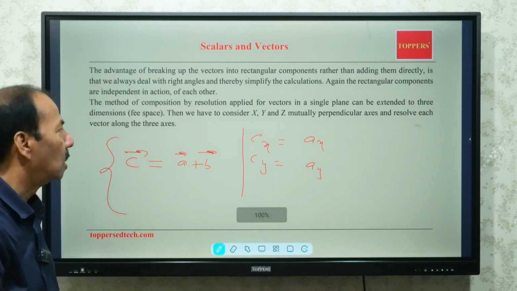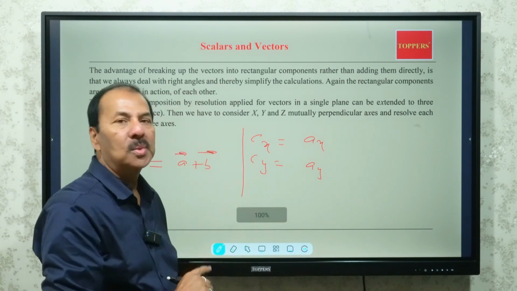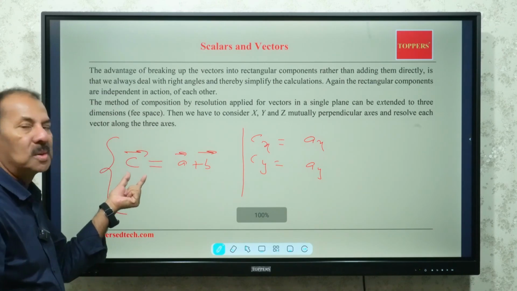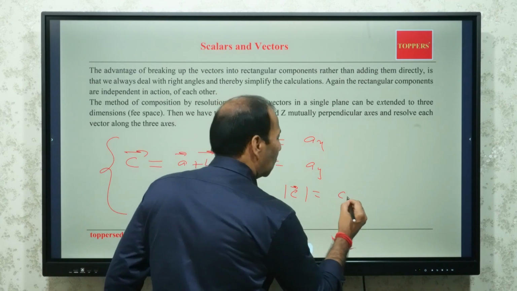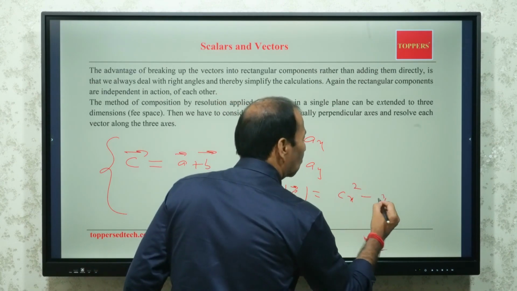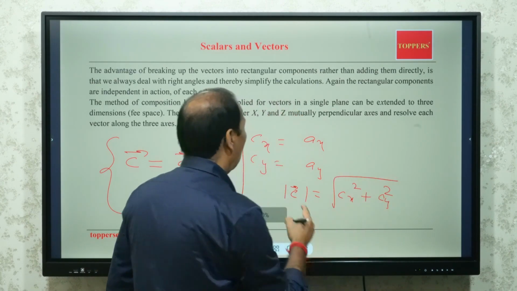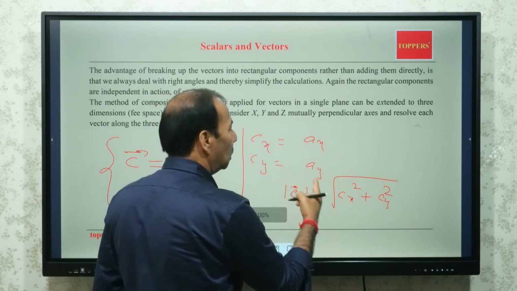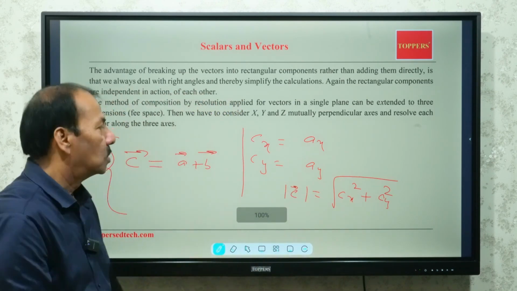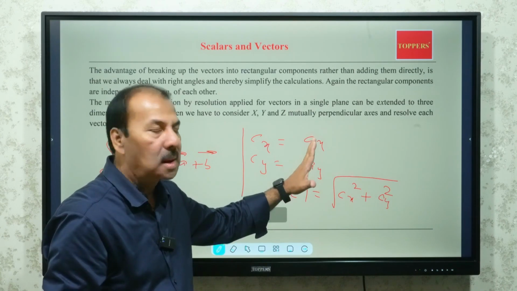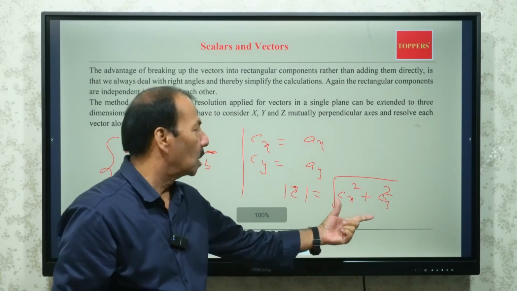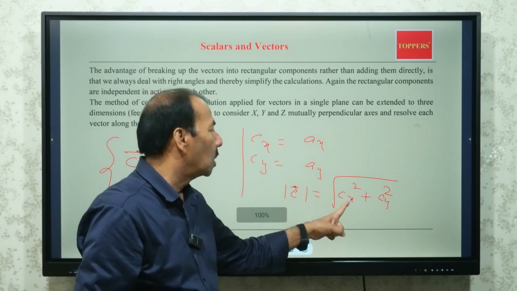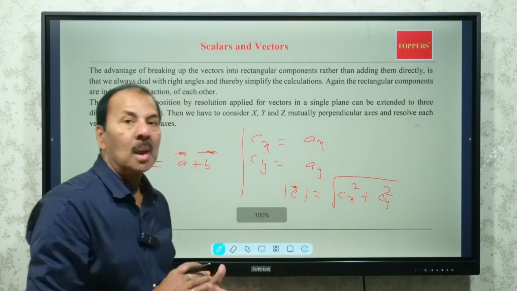So square root of Cx squared plus Cy squared gives us the magnitude of this vector C. By simply finding the components of the vectors and using simple algebraic calculation, we find the resultant.